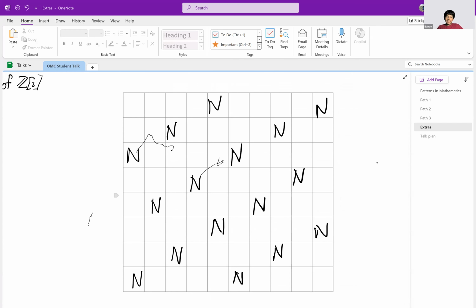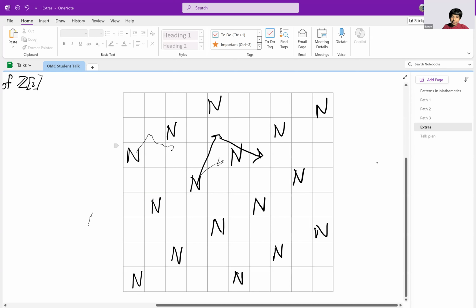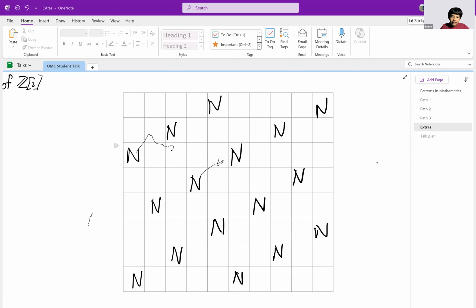So your normal knight can actually go to any square because it can just go here, here, and then here, which moves it one step and then the same thing vertically. But this one can't go to all the squares. You can only go on these parallel lines alternatively.